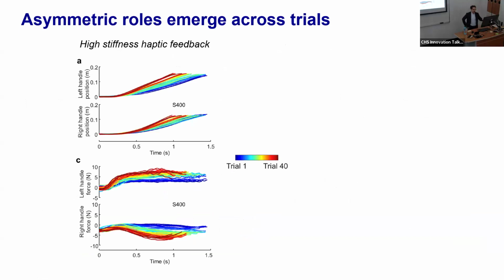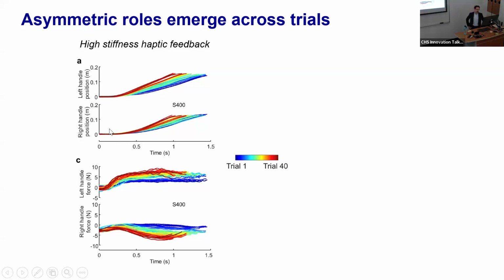So I'm going to focus on the highlights. This is the high stiffness condition. The color-coded traces show the transition from early trials to the hotter colors, which are the late trials. This is the left handle position versus time, and this is the right handle position versus time.